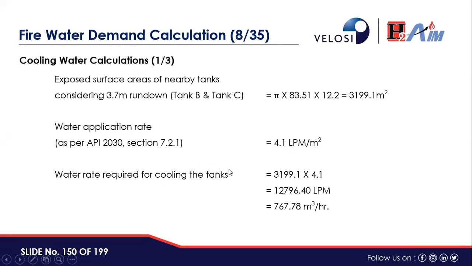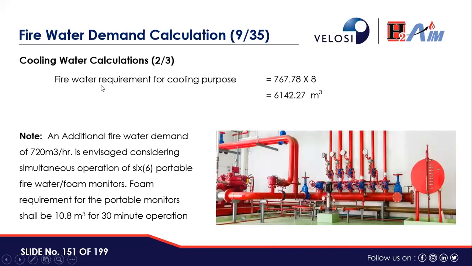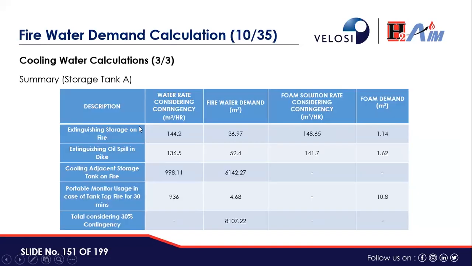The water rate required for cooling the tanks is the exposed area multiplied by the water application rate. So the firewater requirement for this cooling purpose for the 8 hours, multiplying with 8 hours, will be 6142.27 cubic meter.